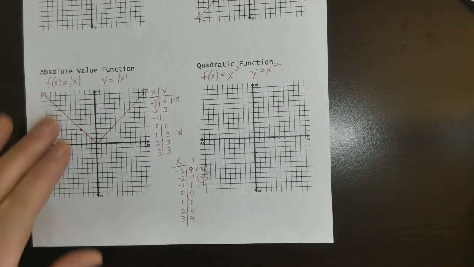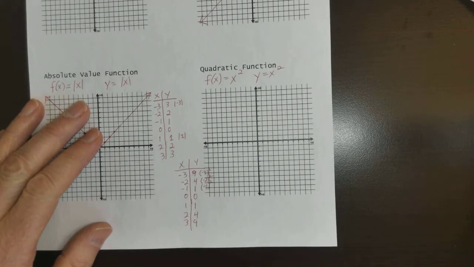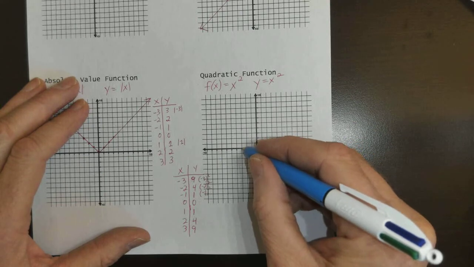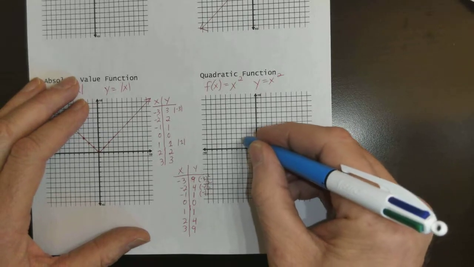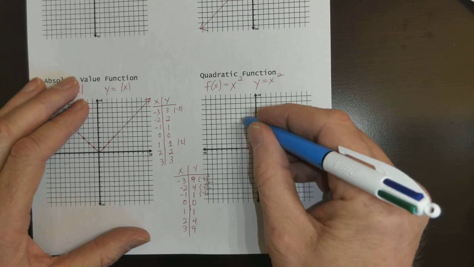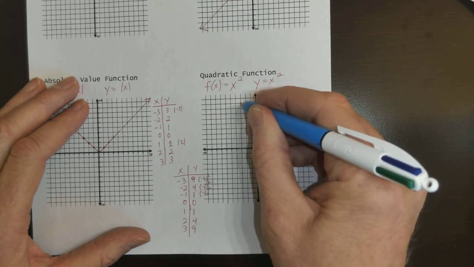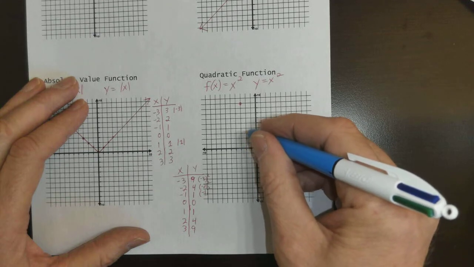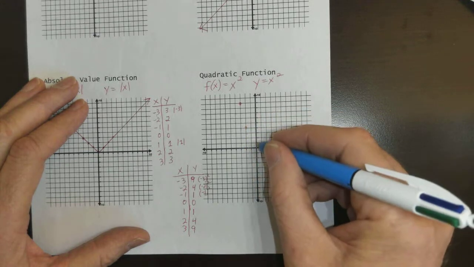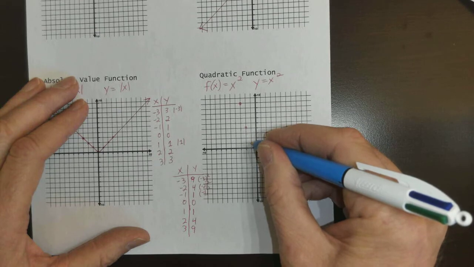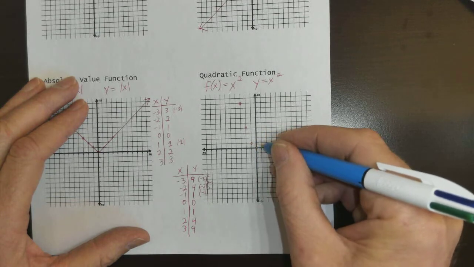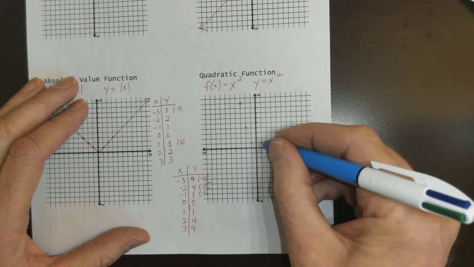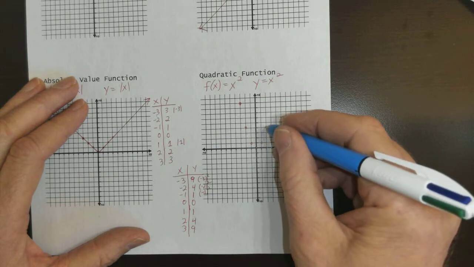Notice the reflection there is what we're going to have. Now negative 1, 2, 3, and 9. 1, 2, 3, 4, 5, 6, 7, 8, 9. Negative 2, 4. Negative 1, 1. 0, 0. 2, 4.